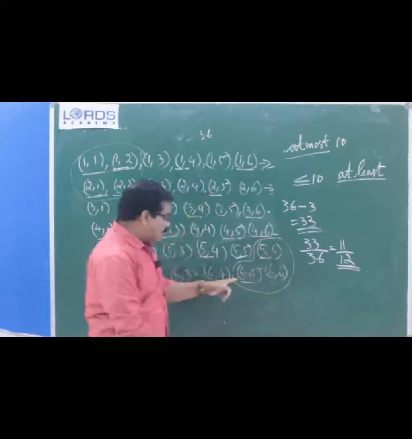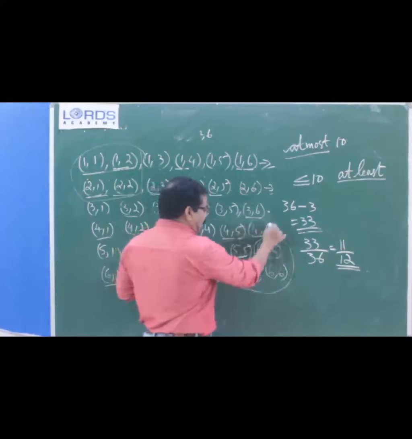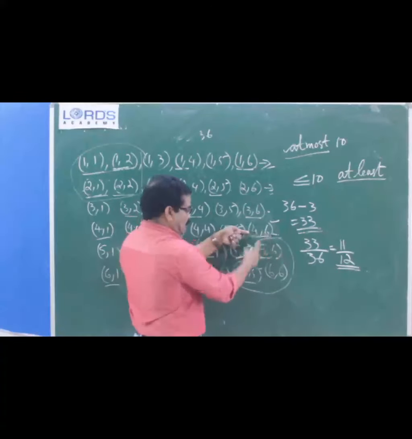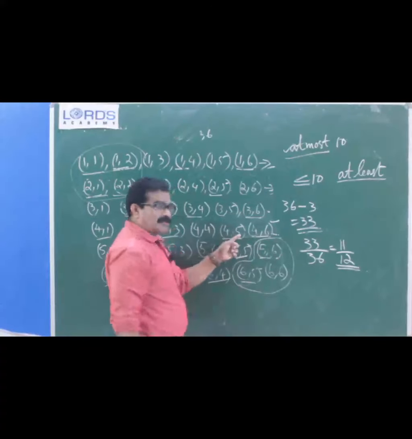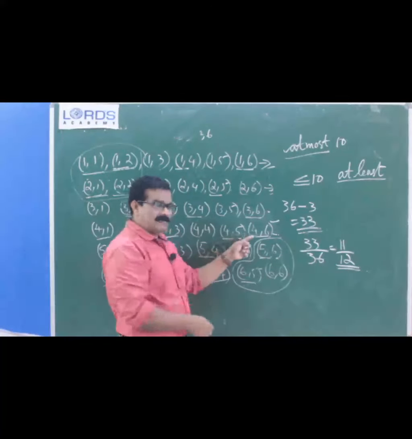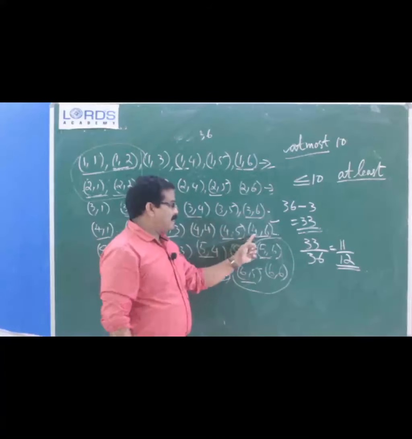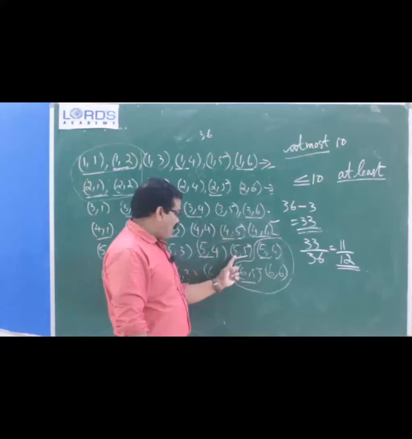Then you can consider 6 plus 4, 10, in this problem. Don't take 5 plus 4 because that is less than 10. Our condition is that there should be a minimum of 10: 4 plus 6, and also 5 plus 5 you can take.